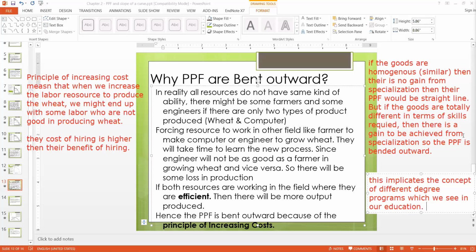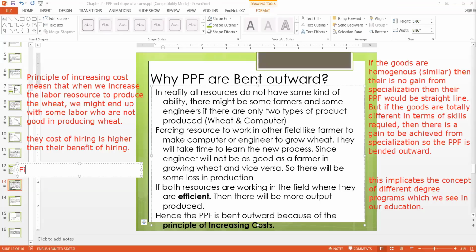So the difference in the degree programs is what is actually making our labor specialized to a specific field, and that specialization is designed so that when you graduate, you are good in that field, so that your productivity is higher and you are specialized, so that we actually take advantage of the outward bended production possibility frontier.